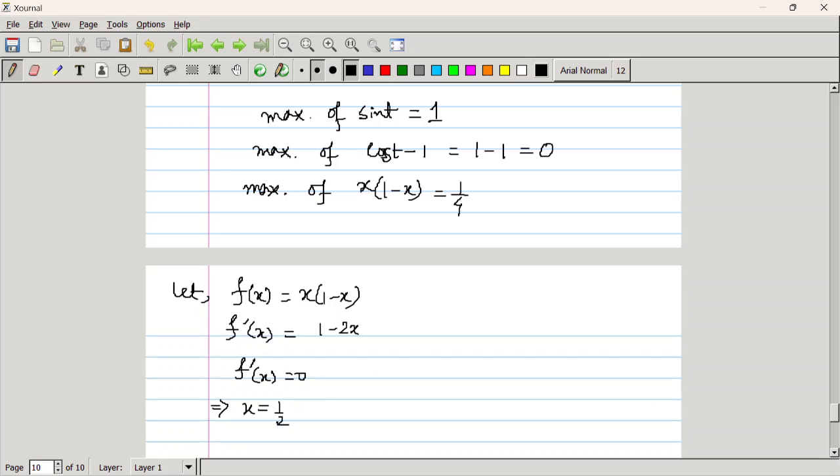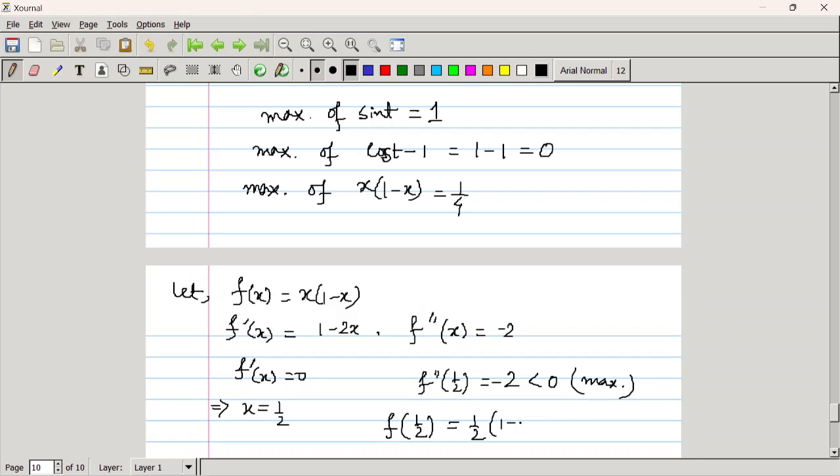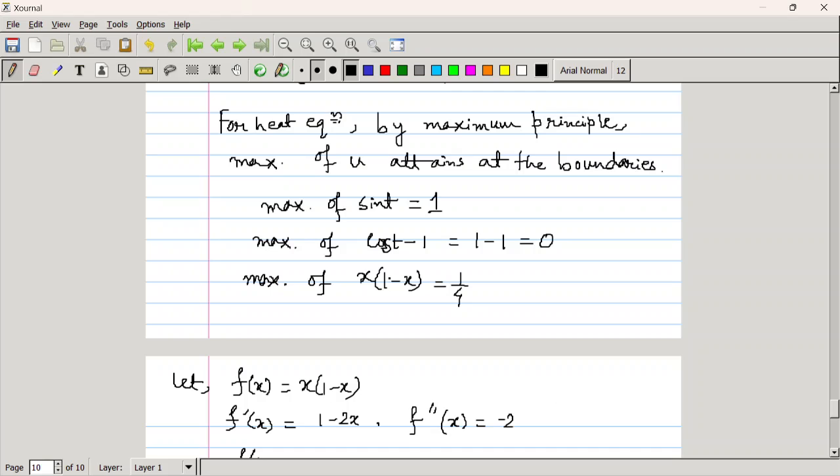So what is f double prime x? f double prime x is minus 2. So f double prime of half is also minus 2, that is negative. So we have a maximum value. So the maximum value is f of half, that is half into 1 minus half, half into half, 1 by 4. That's how I got the maximum value.